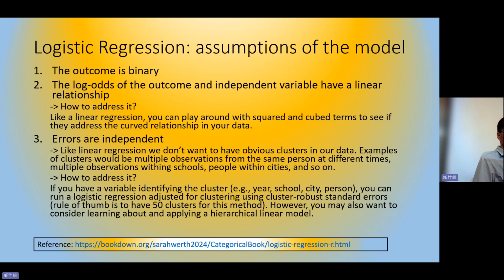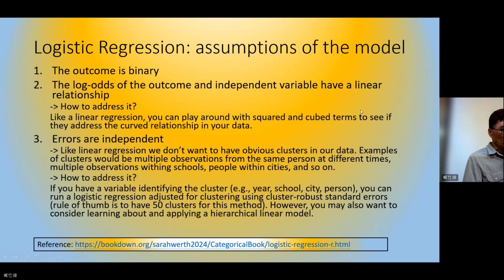But what we are discussing here is the assumptions of the model. The second assumption is that the log odds of the outcome and the independent variables have a linear relationship.